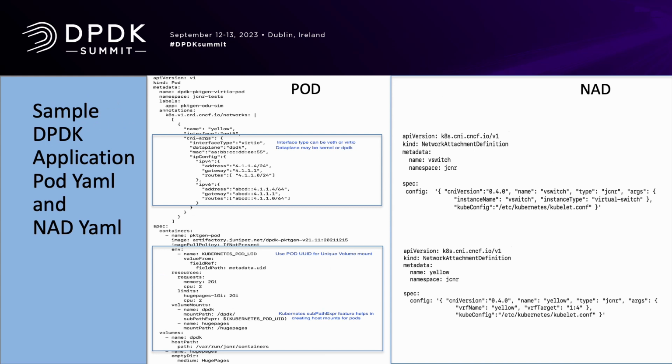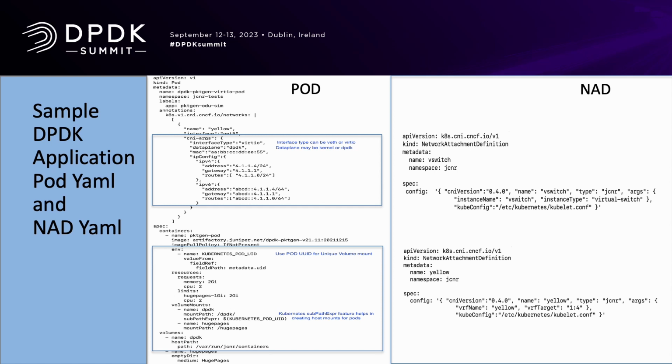This slide showcases a sample pod YAML and a network attachment definition. We have two types of network attachment definitions, where the one on top showcases the instance type as a virtual switch, and the second showcases the VRF and the VRF target, which is for the L3 JCNR. And on the pod side, you notice we have CNI args being passed from the pod down.